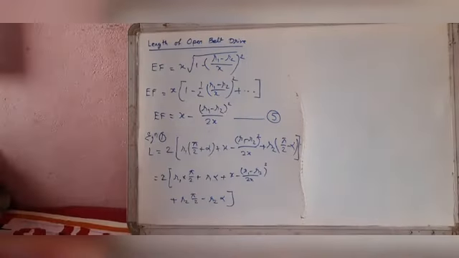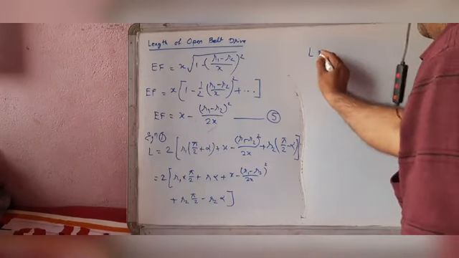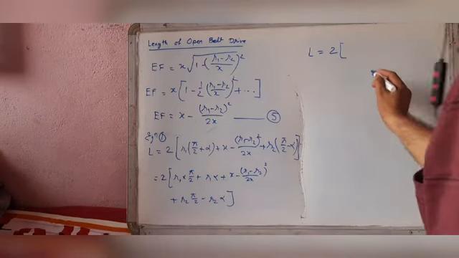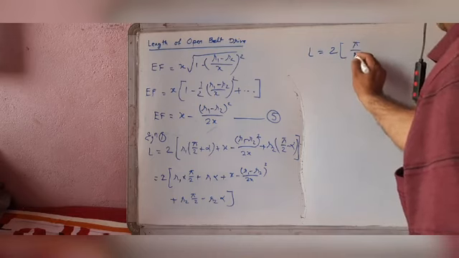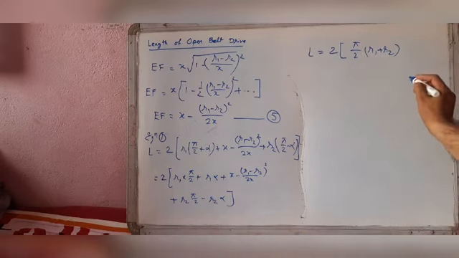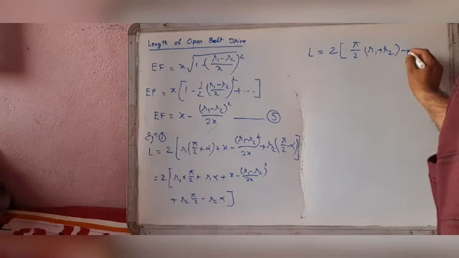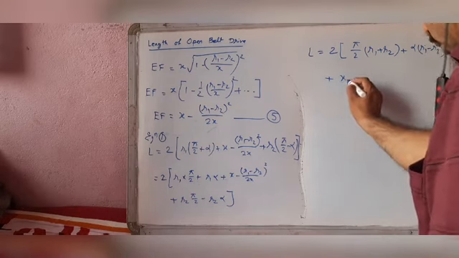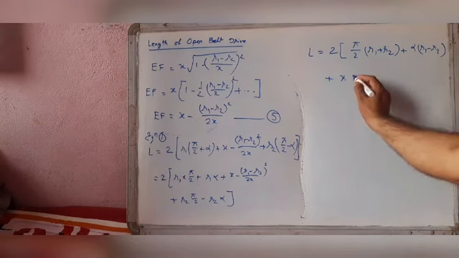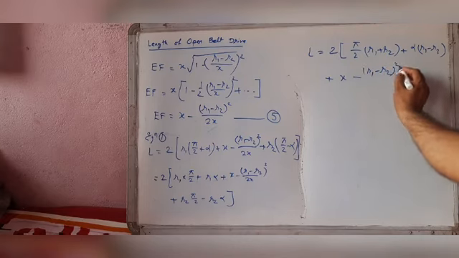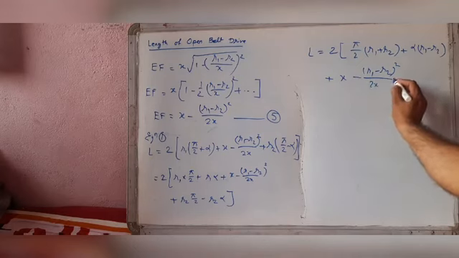Next, the value of L equals 2 into pi by 2 (R1 plus R2) plus alpha (R1 minus R2), taking alpha common, plus X minus (R1 minus R2) squared by 2X.